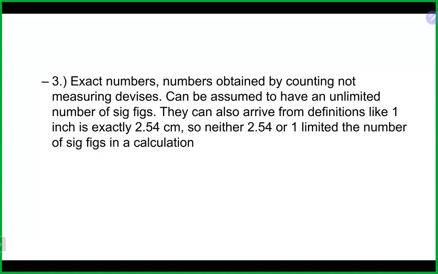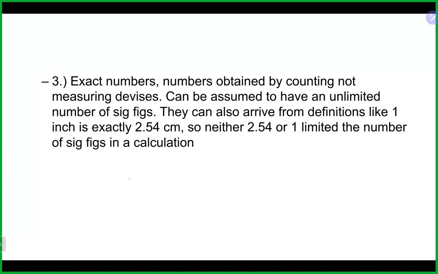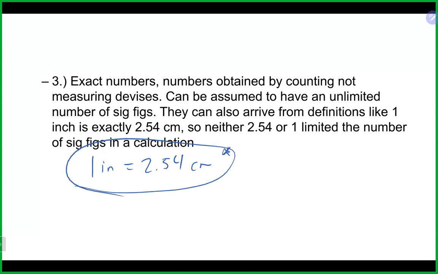They are basically derived two ways. The most common way in chemistry is from definitions or equalities, like 1 inch is exactly 2.54 centimeters. Again, you should know that. That is an equality, and that is something that is exact.